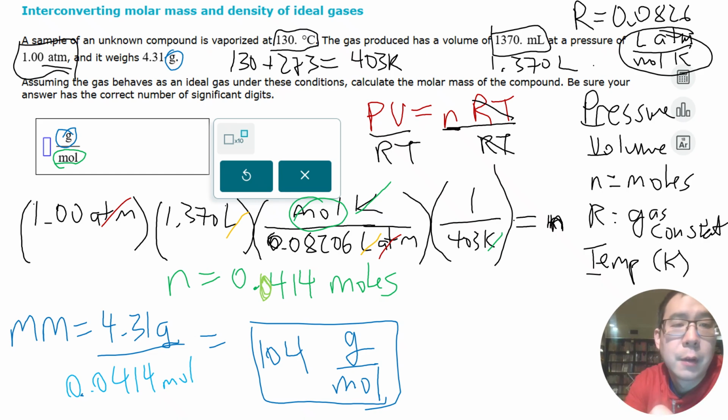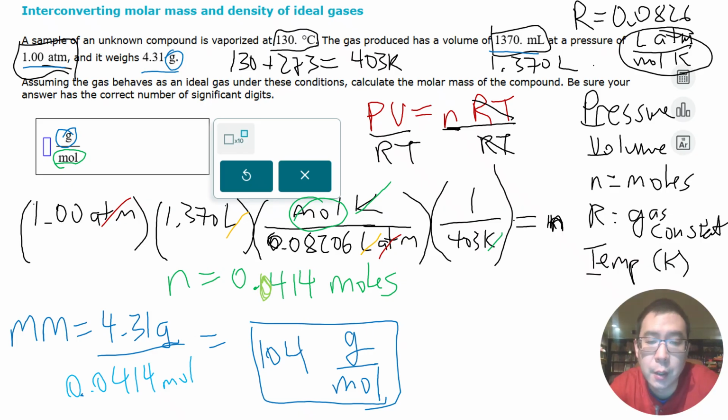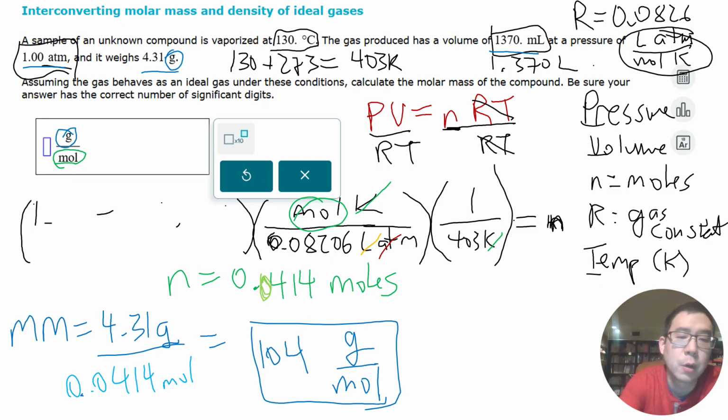We have grams, we have pressure, we have volume, we have temperature. There are some other things that we can get from this information. So I'm going to erase all the work, but I'm going to leave the answers here, right?